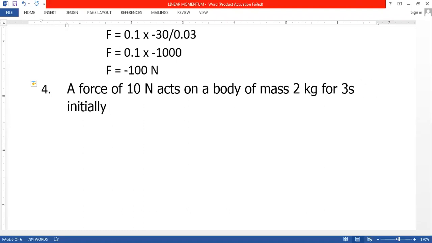Initially at rest. Calculate first the velocity acquired by the body.